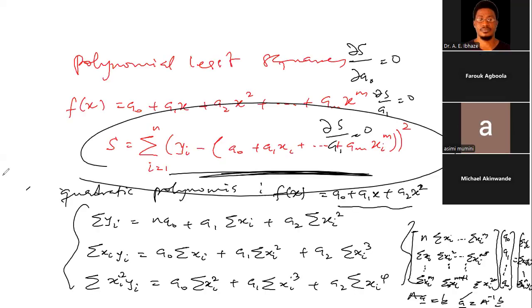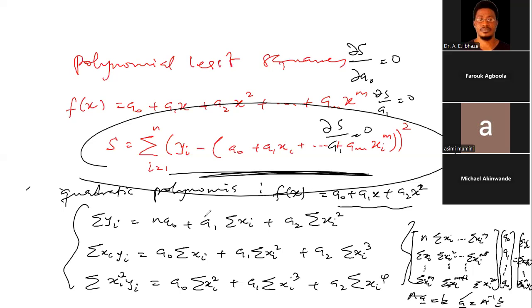From that first relation, y i is equal to n a0, is it n a0 or m a0? We don't have any n in the expression.